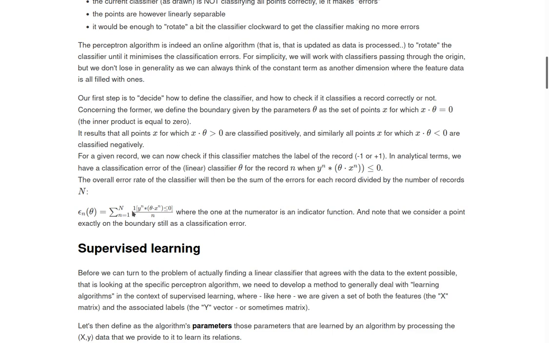So here we are just computing the overall classification error of the classifier. We sum over all the points, and here is nothing else than an indicator function. So the indicator function is 1 when this is true, so when we have an error, and 0 otherwise. So here we are just counting the number of classification errors and we divide by the number of points.